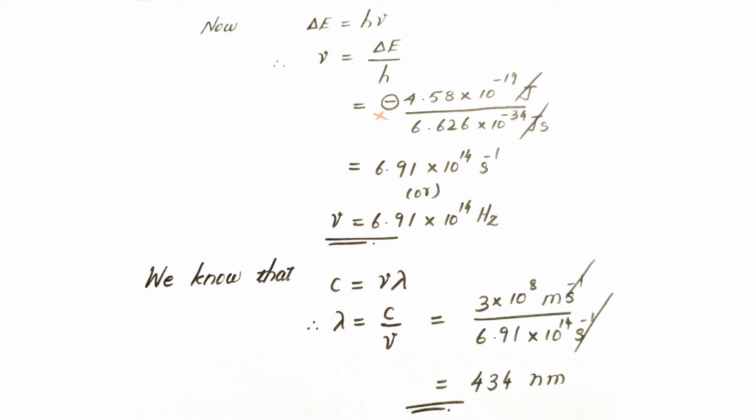So when you solve this, you get 6.91 into 10 raised to 14 second inverse. 1 by second is nothing but second inverse. So instead of writing second inverse, you can also write hertz. This is another unit of frequency. Now, you got the value for the frequency of the photon emitted.